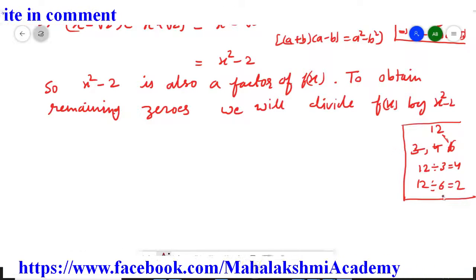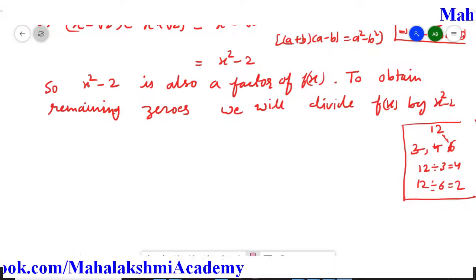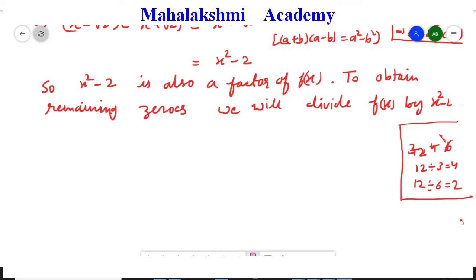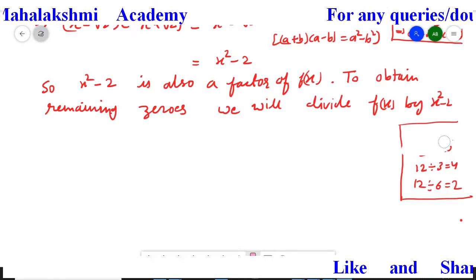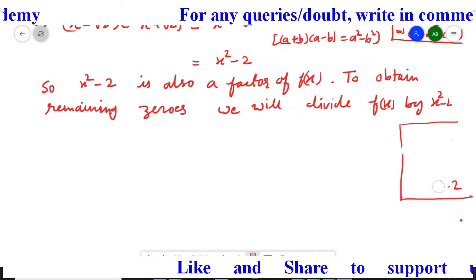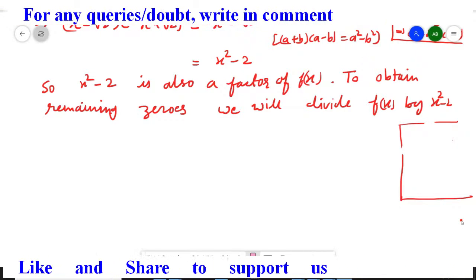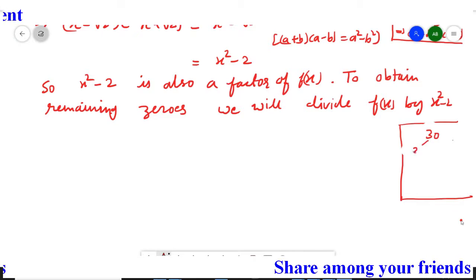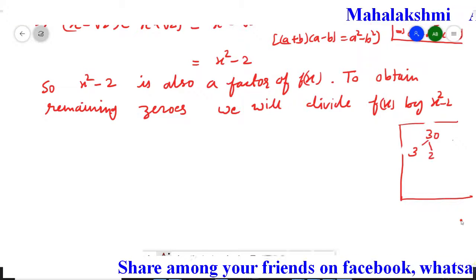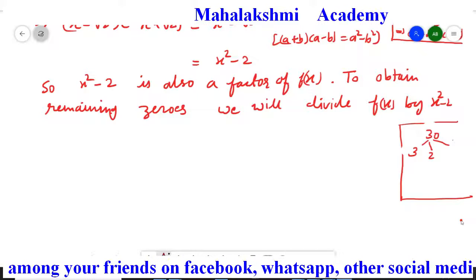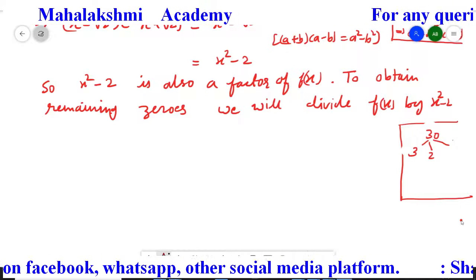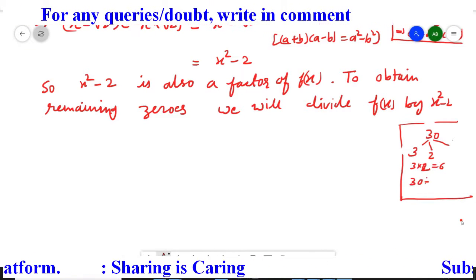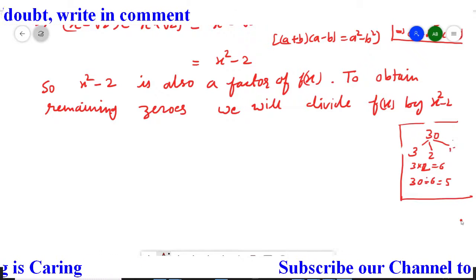I will give you one more example to explain it better. Suppose 30 is there, then we know that 3 is a factor and 2 is also a factor. Then we want to know the other factors. For that, first you multiply them. When you multiply, you will get 3 times 2 is 6. Then divide 30 by 6, then you will get 5. So the remaining factor is 5.